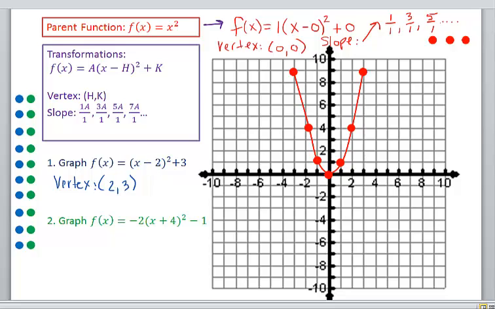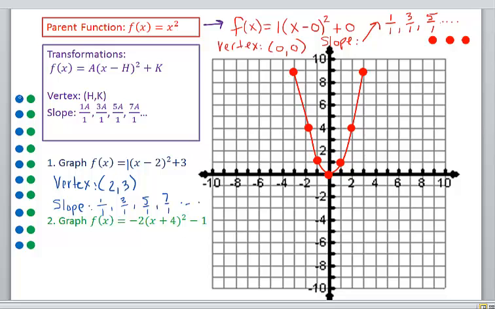Since it's minus 2, it's going to be a positive 2 and then a positive 3. And my slope this time is going to be my a value. I don't see it, so it's an a value of 1. So it's going to be 1 multiplied by each of these. So it's going to be, again, 1 over 1, 3 over 1, 5 over 1, and then 7 over 1, etc.